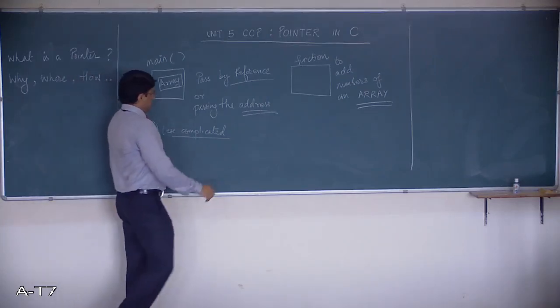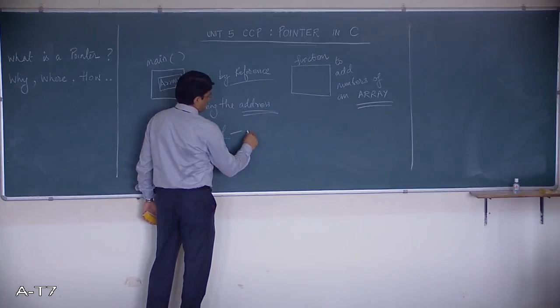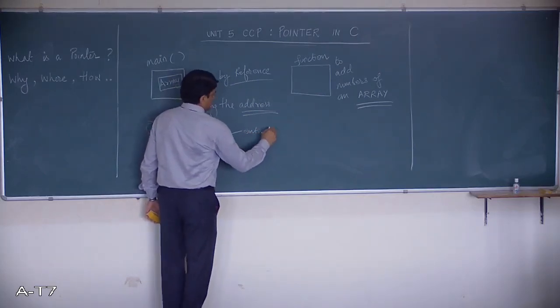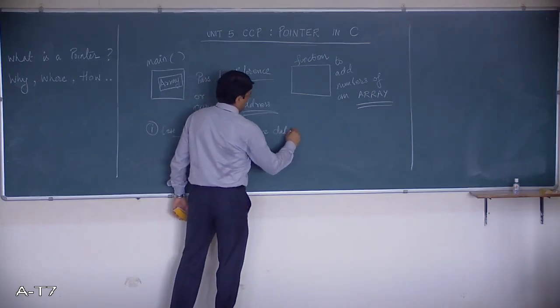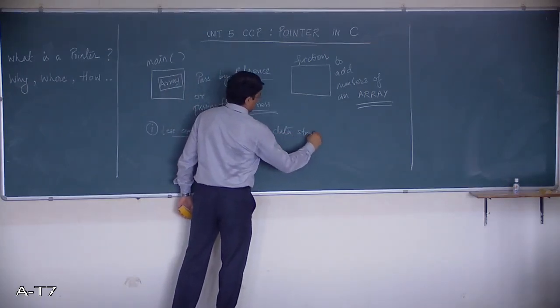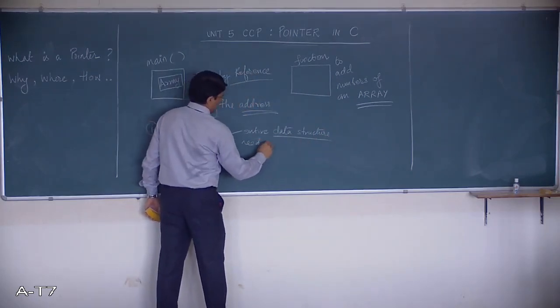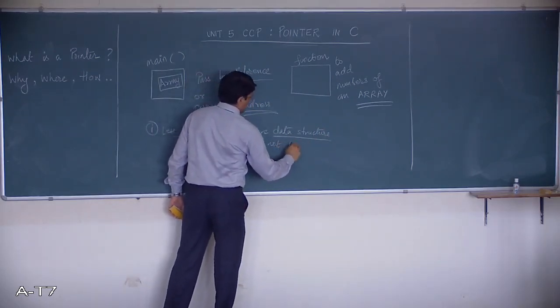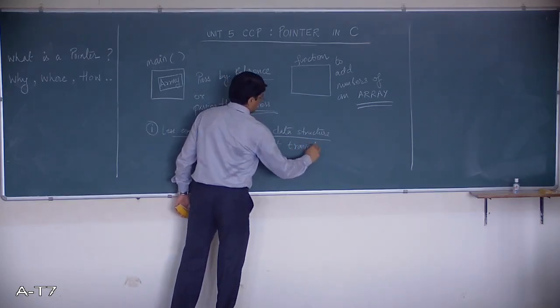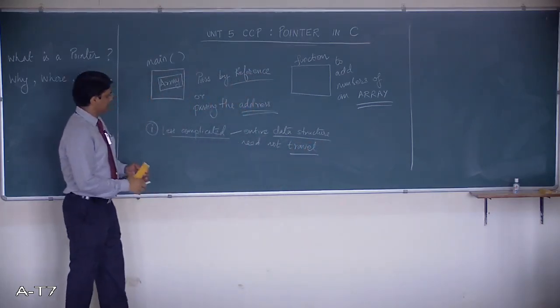The meaning of complicated here is, we don't have to pass the entire array. The entire data structure need not travel.